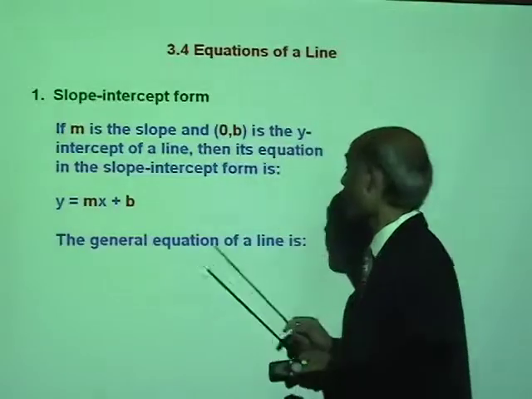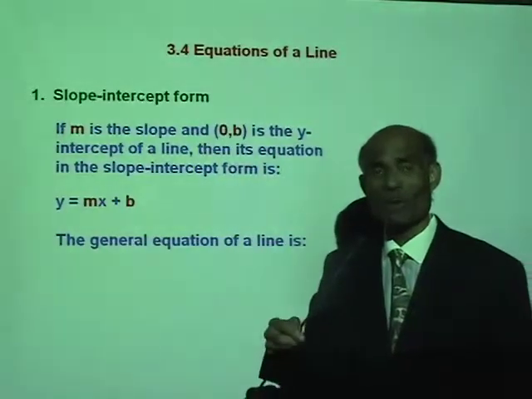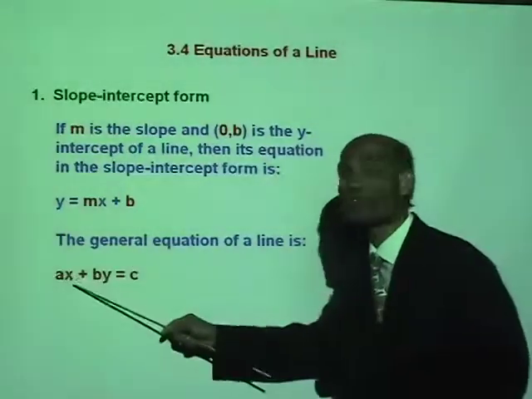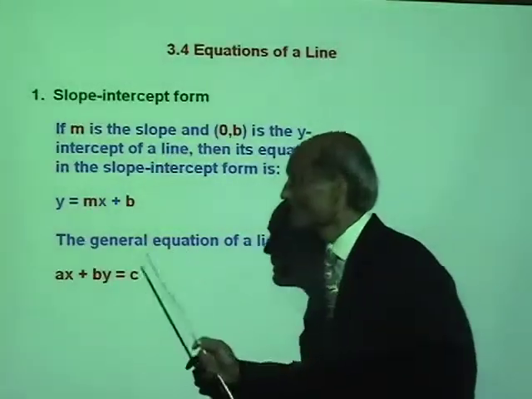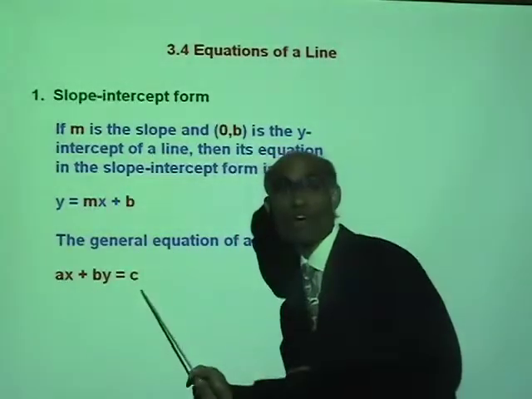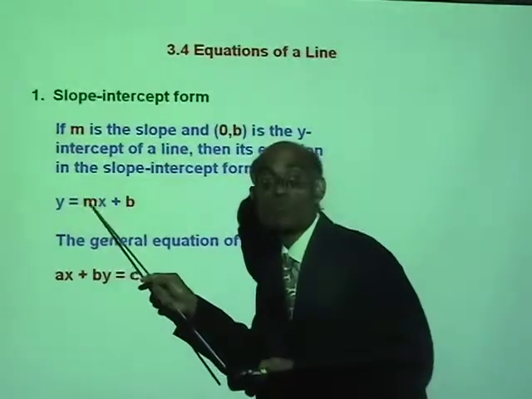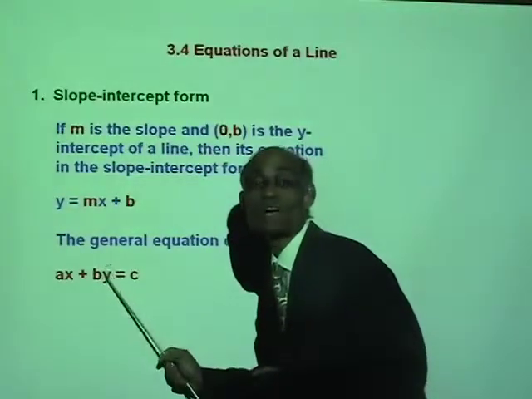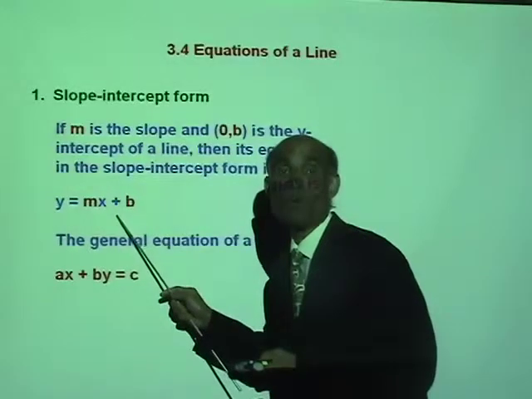The general form of an equation, do you recall that? We talked about it. What is the general form of an equation? Is ax plus by equal to c. If I give you an equation of the general form, to make it in the slope-intercept form, you need to solve the equation for y so that it becomes this form.